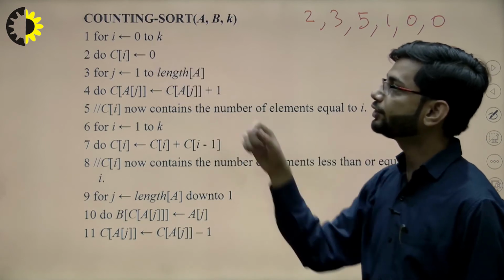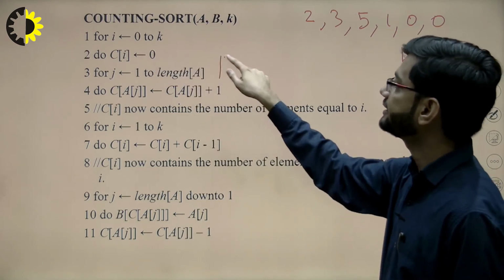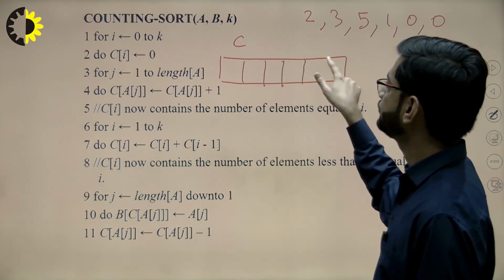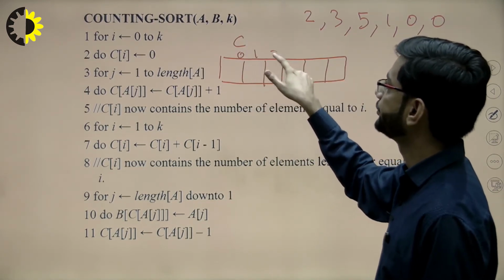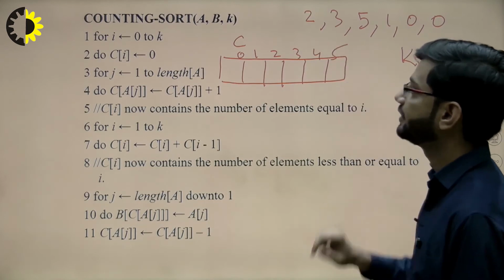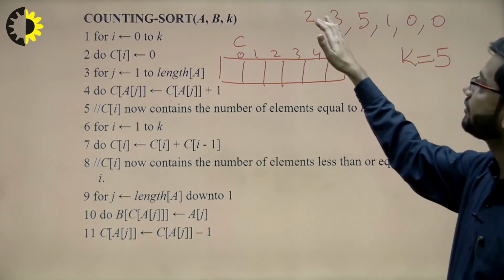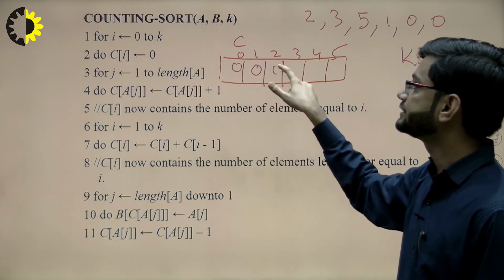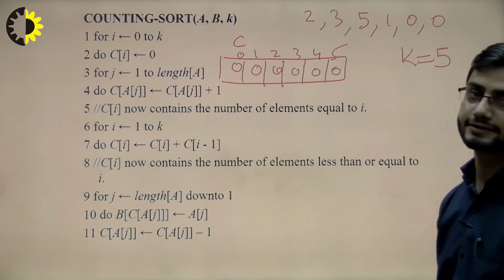Now for 0 to k, I will maintain an array C with index values 0, 1, 2, 3, 4, 5. That will keep the frequency of these. Initially you will put 0 in all the indexes.